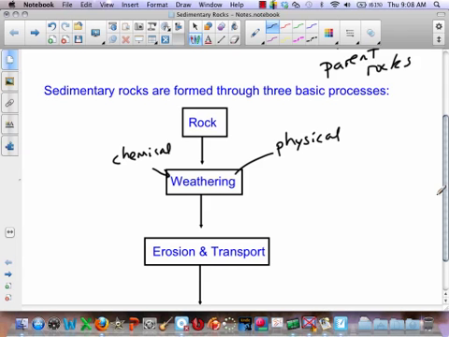So after weathering, we get all these loose sediments. Those loose sediments are then eroded away from the parent rock and transported, typically by wind, water, and glacier.